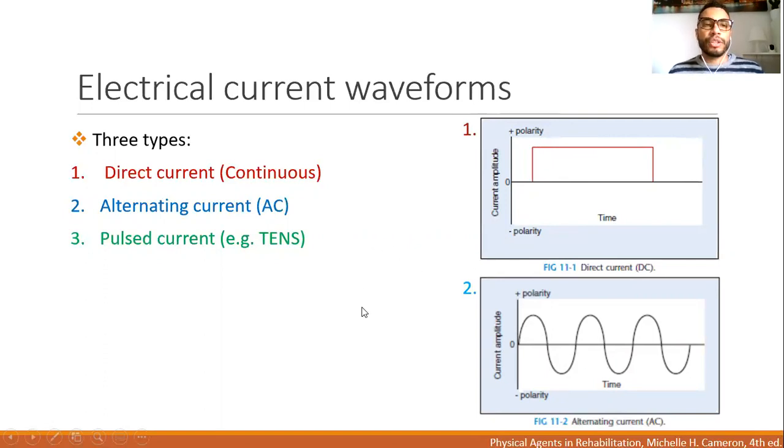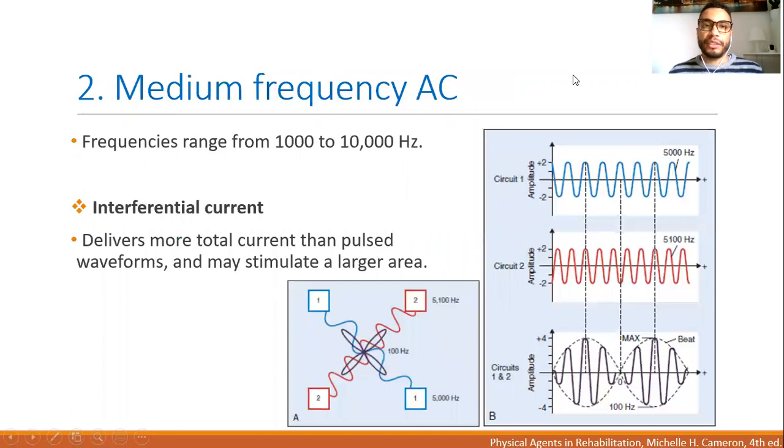So let's go through the second type, which is the medium frequency alternating current, AC. In alternating current, medium frequency usually ranges from 1000 to 10,000 hertz. And we have a couple of types of alternating current. Let's start with the first type, which is interferential current.